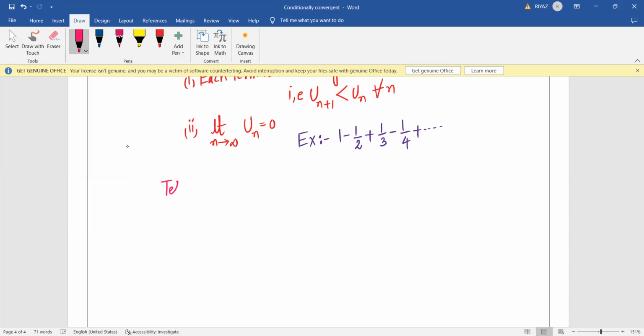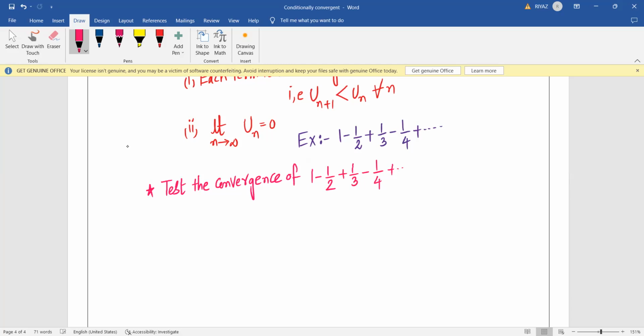Test the convergence of this one: 1 minus 1 by 2 plus 1 by 3 minus 1 by 4 plus and so on.